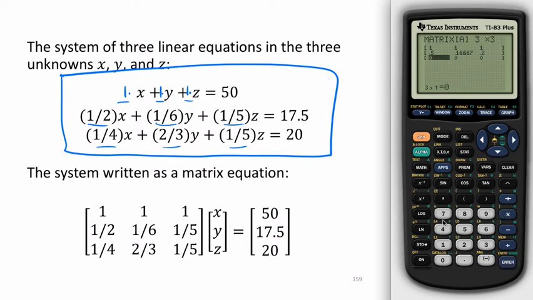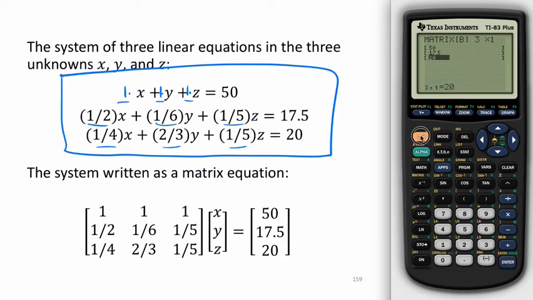And the third row is 1/4, 2/3, and 1/5. So there we go. And then the column vector of constants: go into matrix, edit, and edit matrix B. It's a 3 by 1 column vector, and it contains 50 in the first row, 17.5 in the second row, and 20 in the third row.